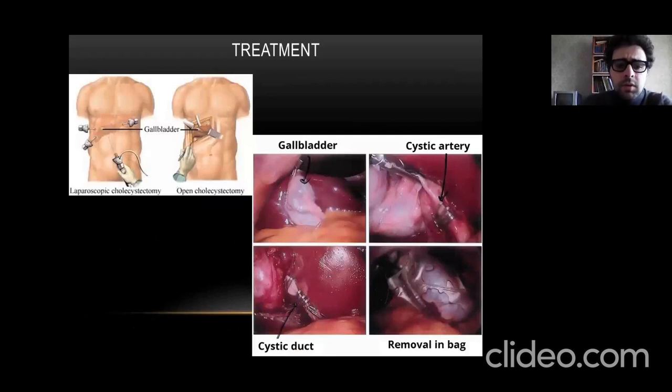This is typical laparoscopic cholecystectomy, ports, and laparotomic cholecystectomy. Laparoscopic cholecystectomy: this is the gallbladder, cystic artery. You make firstly clipping of the cystic artery, then clipping of the cystic duct, and then you remove it. Here it is very important to understand all structures.